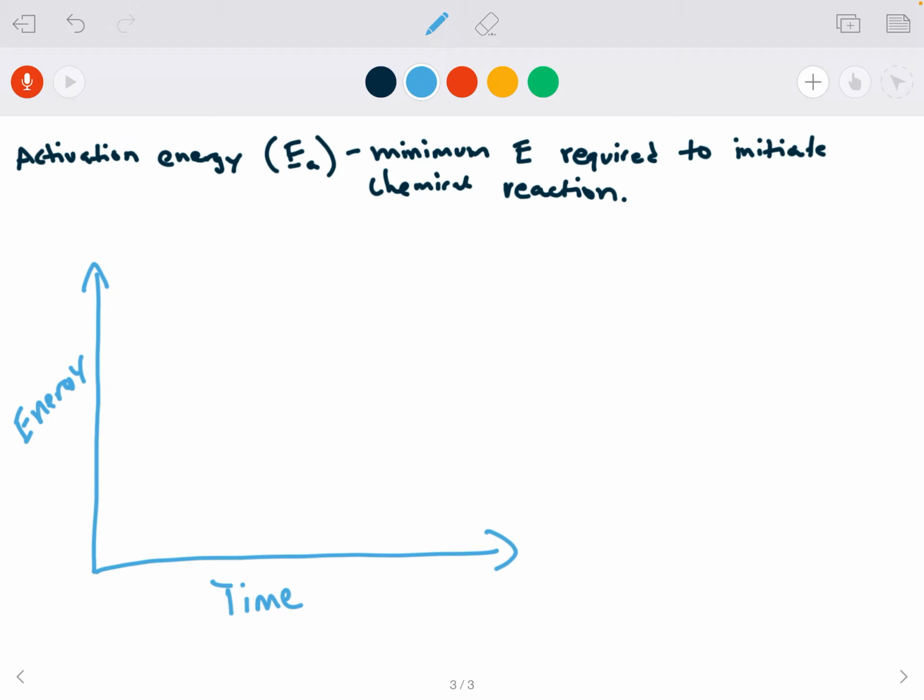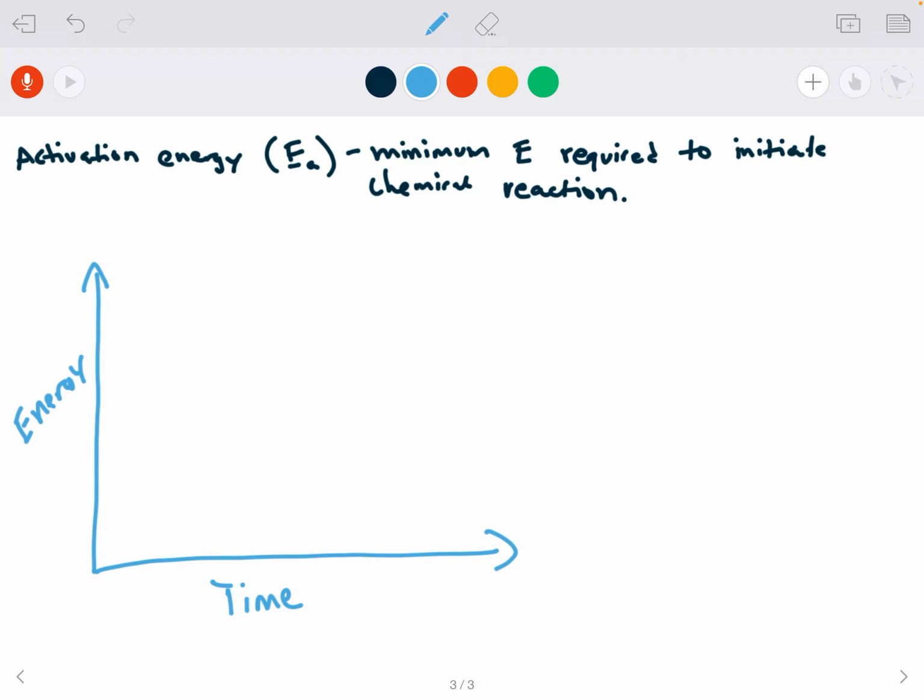In any reaction that's going to proceed, the products have a lower energy than the reactants do. That's what makes the reaction happen, right? If you're going from a lower to a higher energy, that's not going to work, because the whole goal of that reaction is that it goes from higher to lower energy. That's why it happens. It won't happen if you go from a lower to a higher energy.